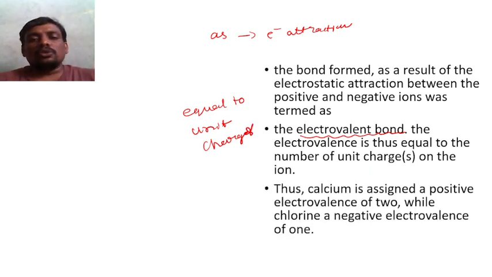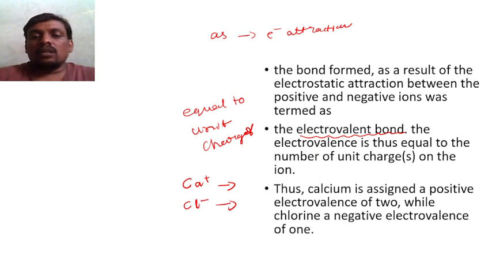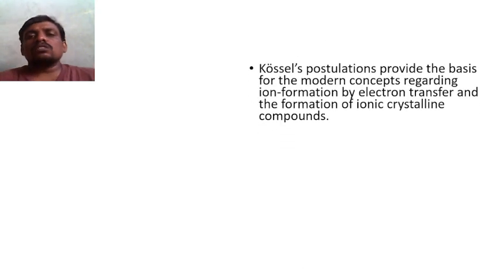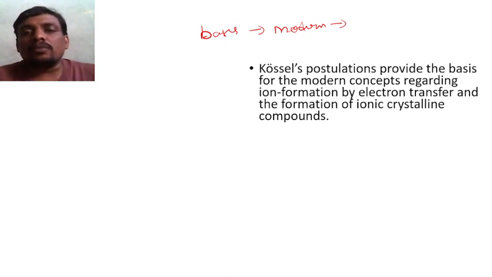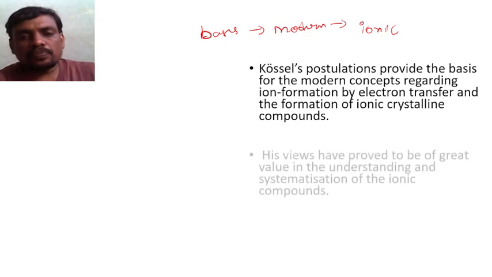Finally, let us take calcium, which is assigned a positive electrovalency of 2, while chlorine has a negative electrovalency of 1. Now, Kossel postulated this and provided a basis for the modern concept of electron transfer and the formation of ionic crystalline compounds.